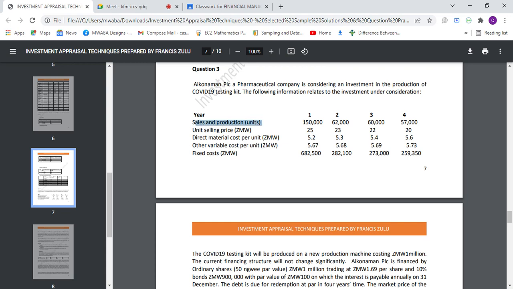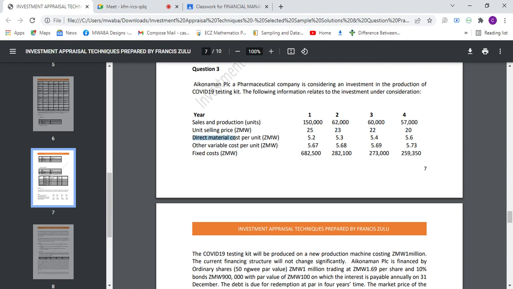Right, so we've got the sales and the production units for year 1, year 2, year 3, year 4. These are the figures here. And we've got the per unit selling price here.